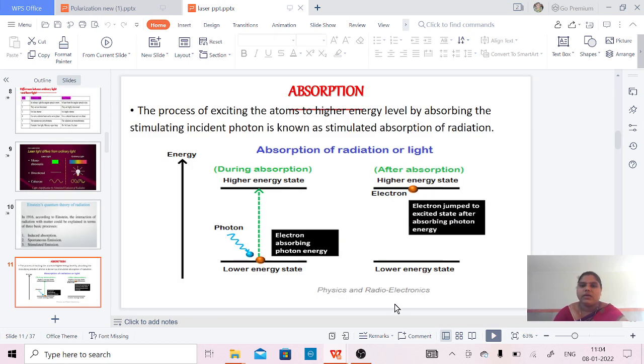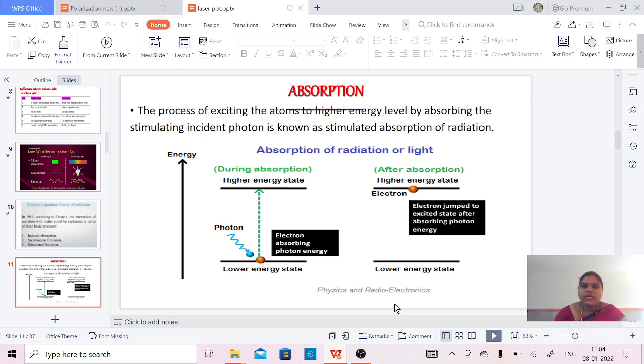Let us see what absorption is. The process of exciting atoms to a higher energy level by absorbing the incident photon is known as stimulated absorption of radiation. There are two energy levels, a lower energy state and a higher energy state. How does the atom go from the lower energy state to the higher energy state? It is by a photon.